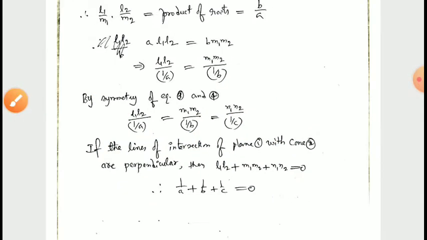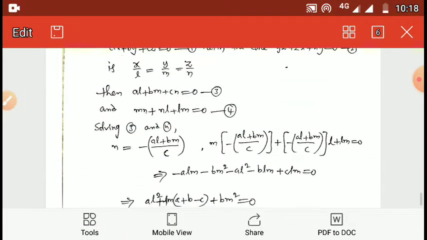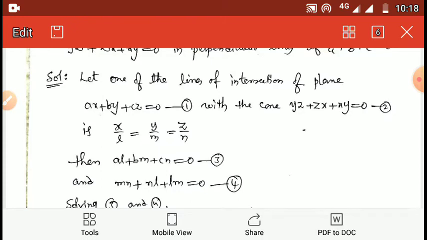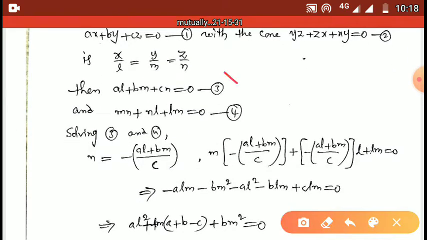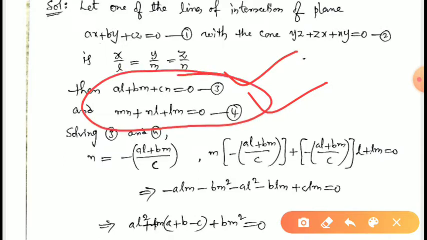Therefore, by symmetry of equations 3 and 4, what are equations 3 and 4? See this. This is equation 3 and this is equation 4. These two equations are symmetric.